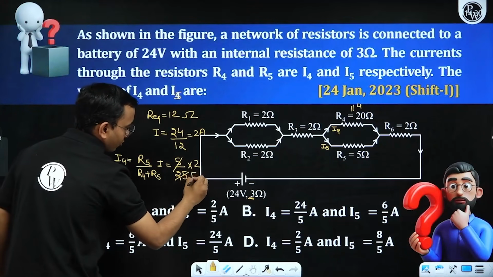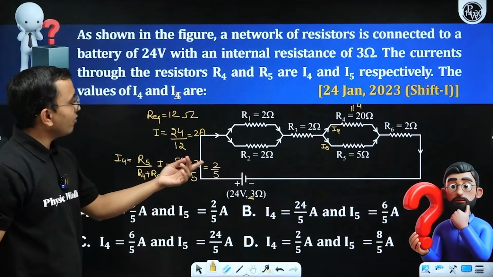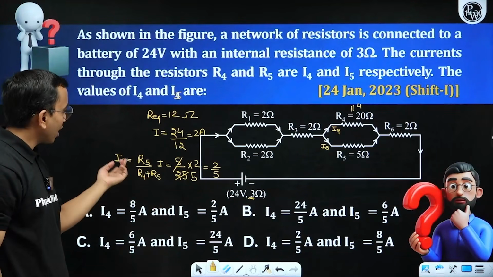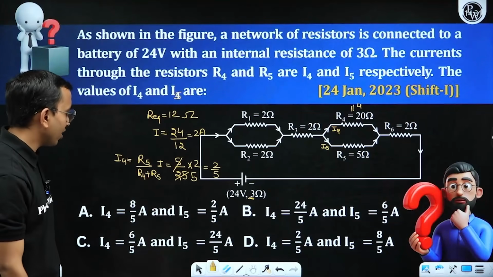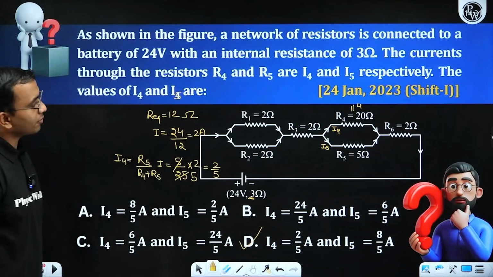So this becomes 2 by 5. Now the other will be 2 minus this, or again write the ratio. So that will become 8 by 5. So 2 by 5 and 8 by 5. That is option D.